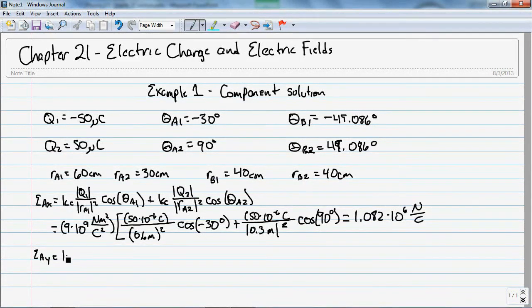Do the same thing with the y direction. Just remember it's in the y direction, so we change to a sine.